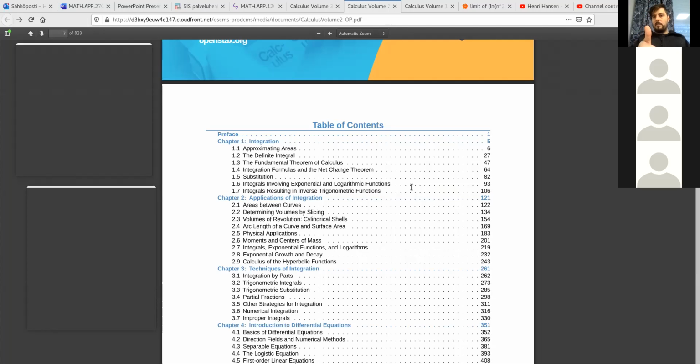So first order differential equations, separable differential equations, logistic equations, second order linear differential equations with constant coefficients, the homogeneous version, where the right-hand side is 0, and the non-homogeneous version, which you can then solve by basically guessing one extra solution, and then you get the complete solution.